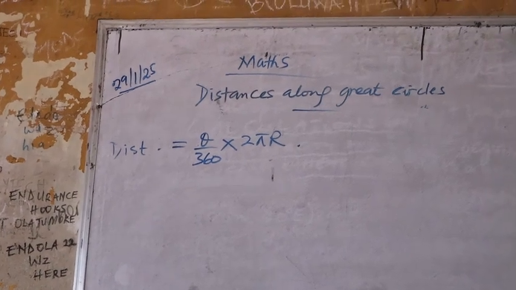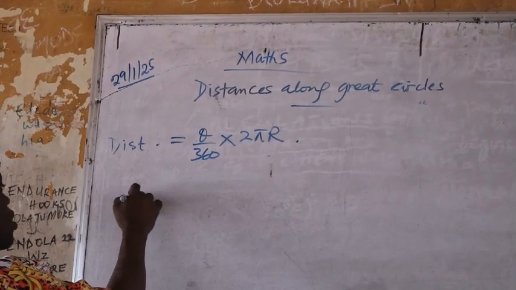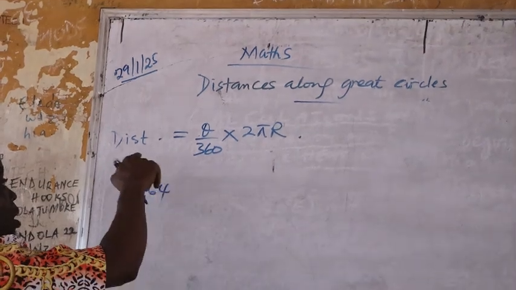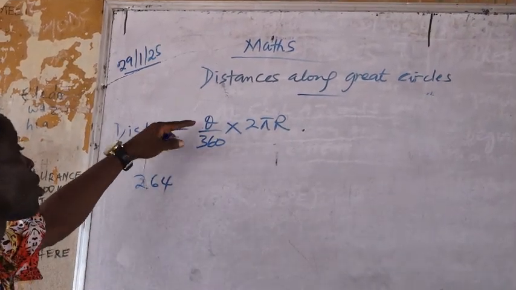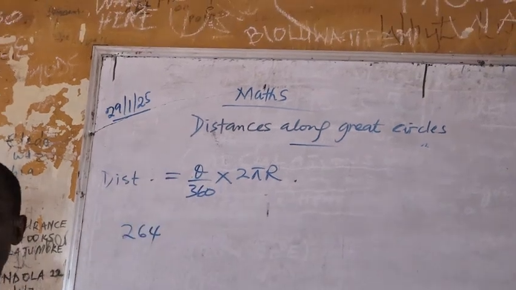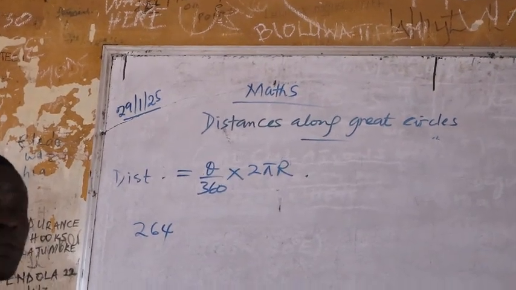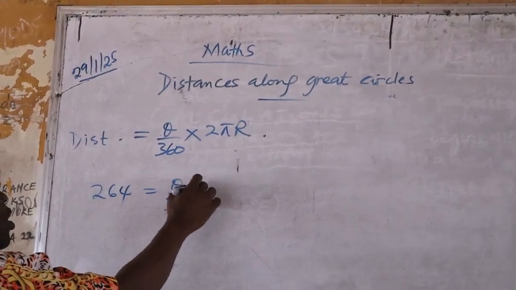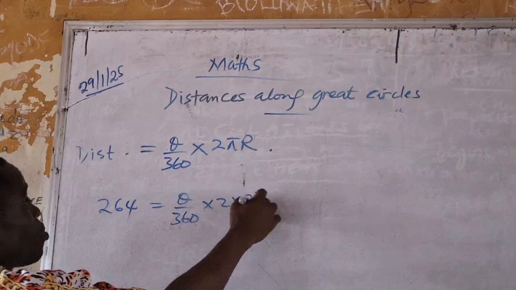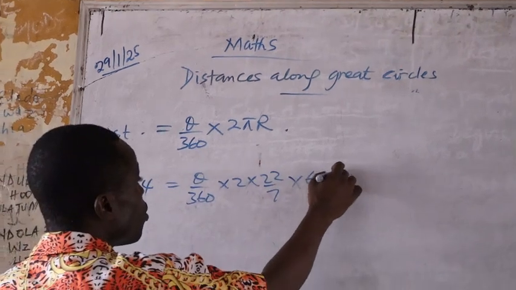And what is the distance given in the question? 264. If you fail to write this distance, maybe you just put theta over 360 times 2 pi r, where do you want to put that 264? So 264 is equal to theta over 360 times 2 times, let me use 22 over 7, times 6,400.